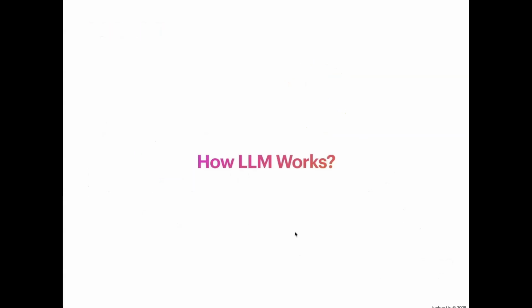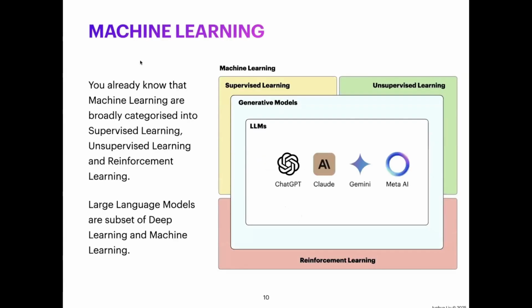Now that we have some understanding of the basic terminology, let's take a look at how large language models work. If you have gone through the machine learning course, you should know that machine learning is broadly categorized into three categories, namely supervised learning, unsupervised learning, and reinforcement learning.